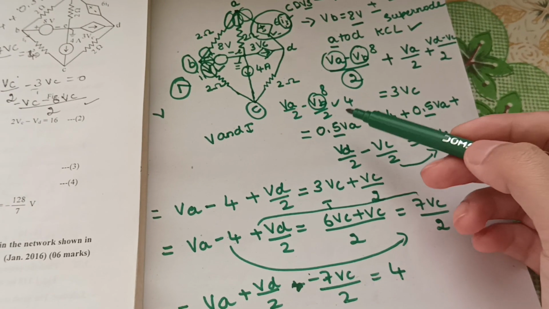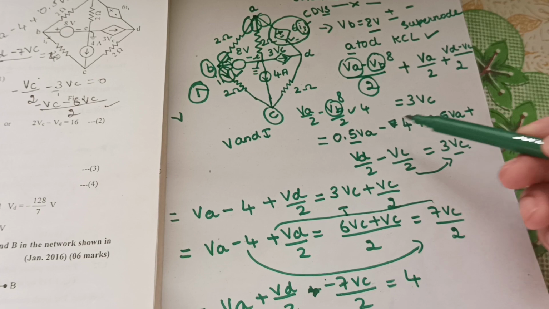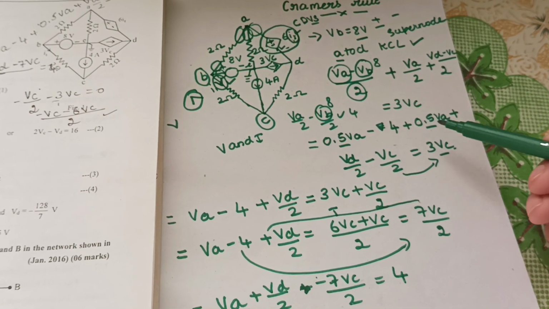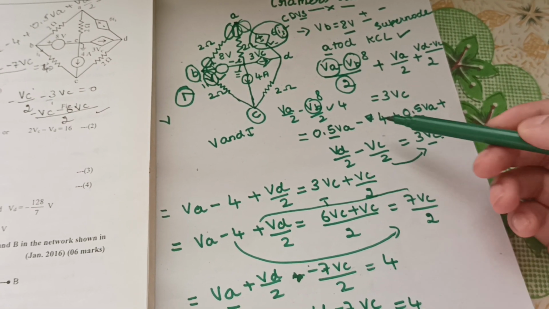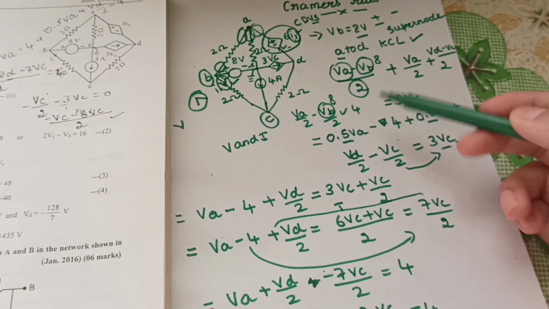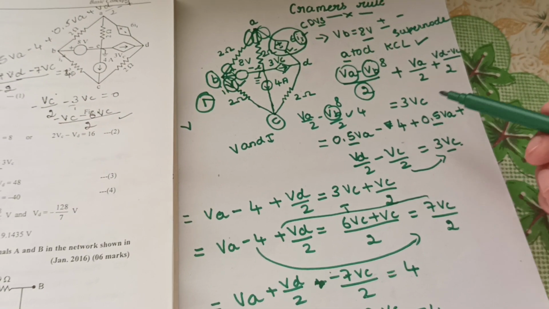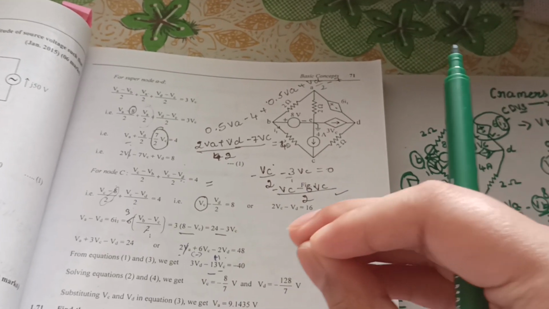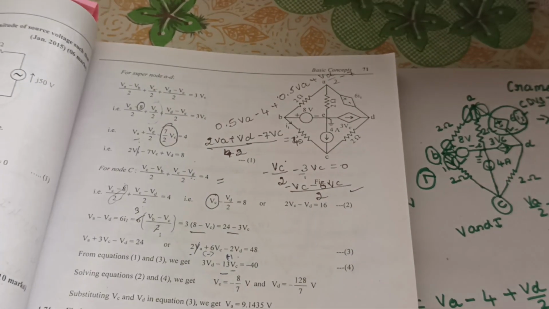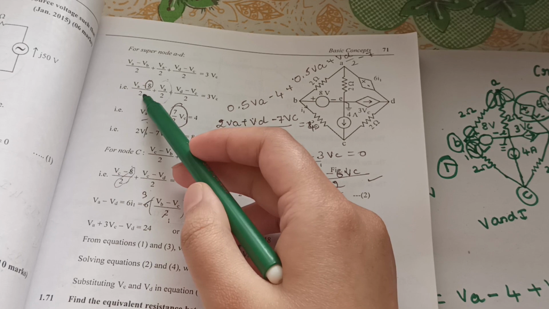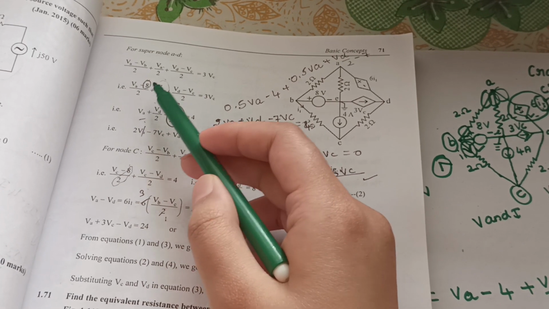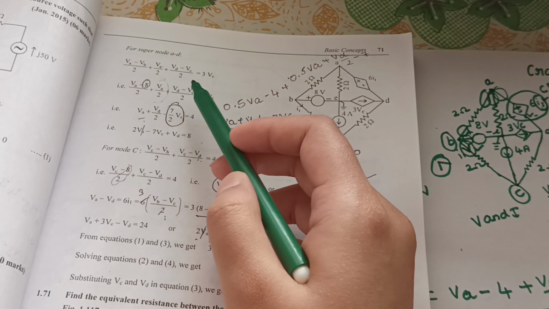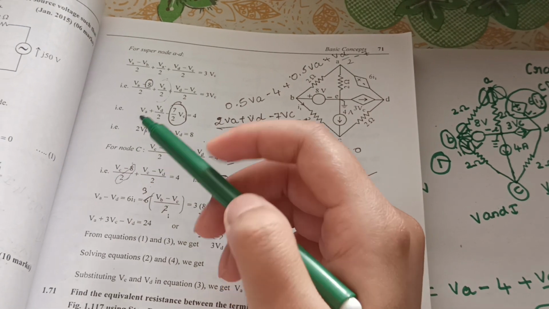See, we have written 0.5 VA minus 4 plus 0.5 VA, and VD by 2 minus VC by 2. All these things we have done in a simplified manner. Fine, so in the textbook he might give things directly, but please do try to do it in a simplified manner. See here, you can see that it is VA by 2, VA minus 8 by 2, this is plus VA by 2, this is VD minus VC by 2, which is equal to 3 VC.